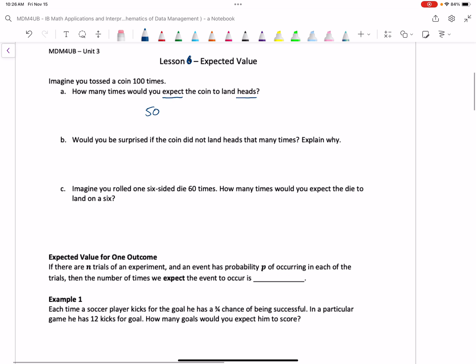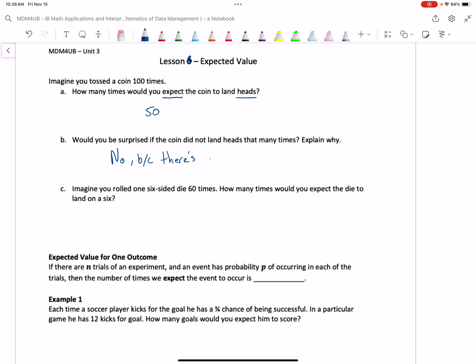Would you be surprised? In part B, it says, would you be surprised if the coin did not land heads that many times? And probably, hopefully, you say no, because this is a random chance, right? In fact, it's probably unlikely to land exactly 50 times and be heads, but there is a chance, and on average, we would say it would land 50 heads out of 100 flips.